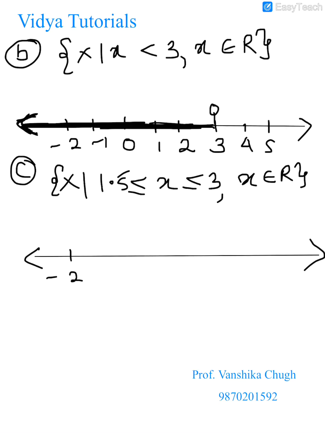So I'll show minus 2, minus 1, 0, 1, 2, 3, 4, 5. 1.5 will come somewhere midway. Please be a little accurate with your markings. You can do it with a scale and mark all the numbers at 1 centimeter distance. And here it is 1.5.